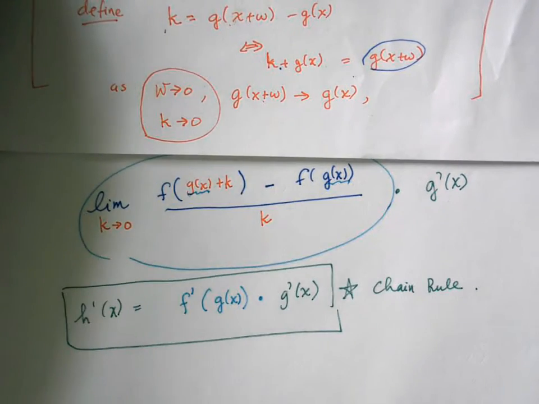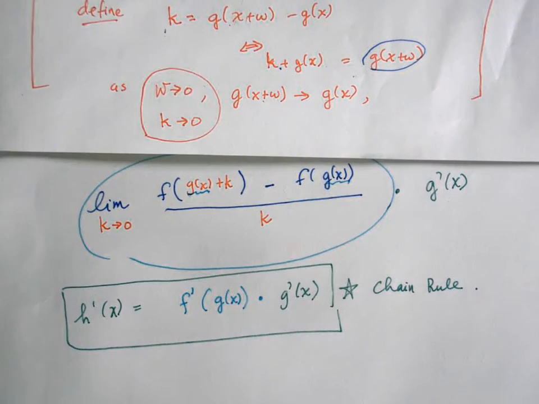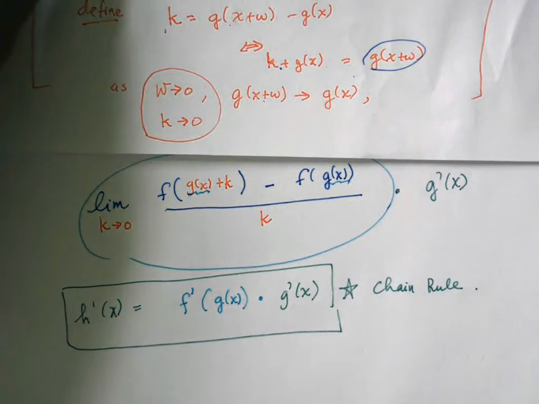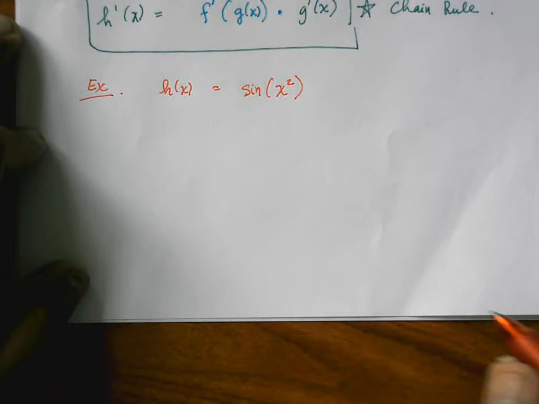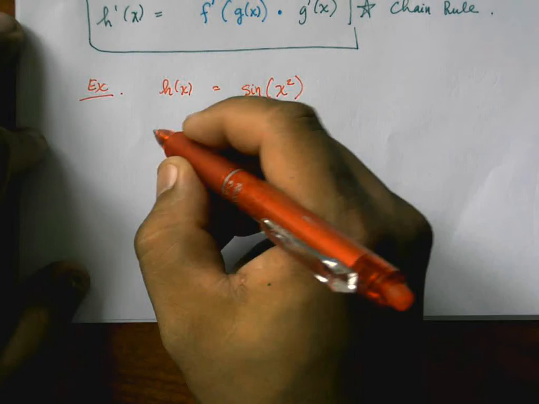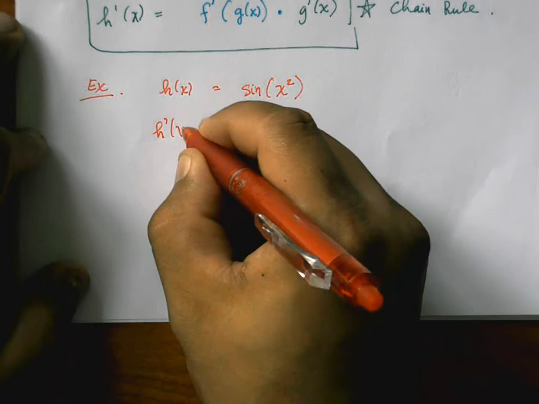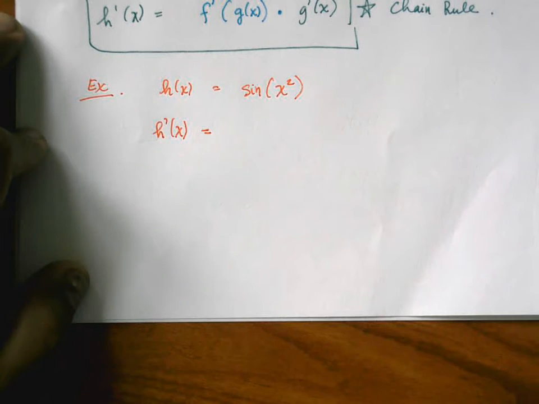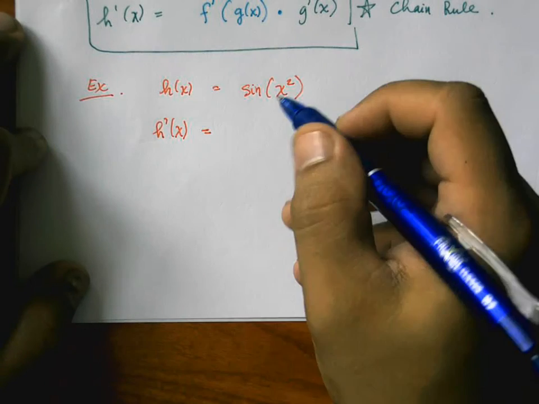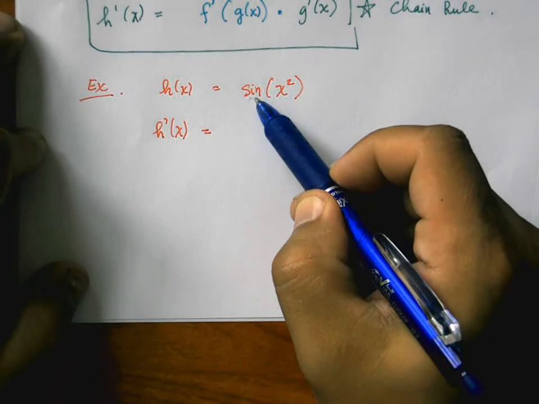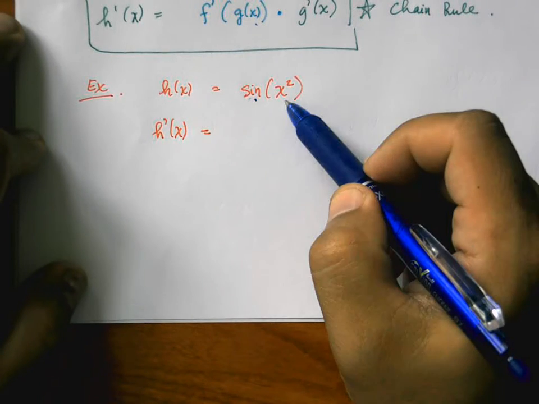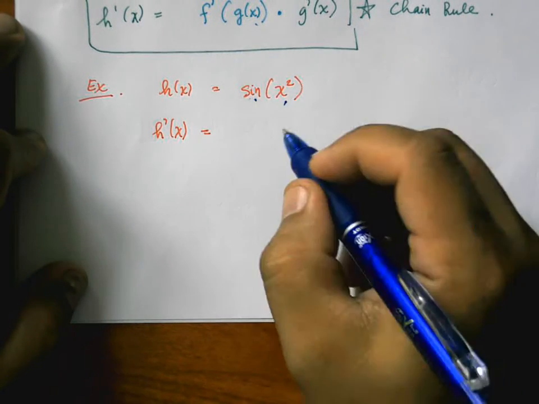So let me illustrate with just one small example, and then you can look at the other videos for the more complicated ones. Okay, so I have an example here. h of x is equal to sine of x squared. So the derivative of this is equal to, and notice here that f is the outside function, which is sine, and g is the inside function, which is x squared.